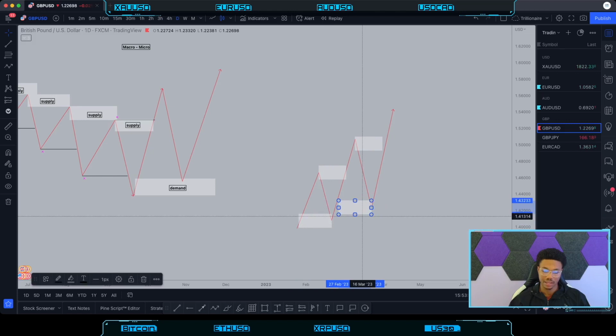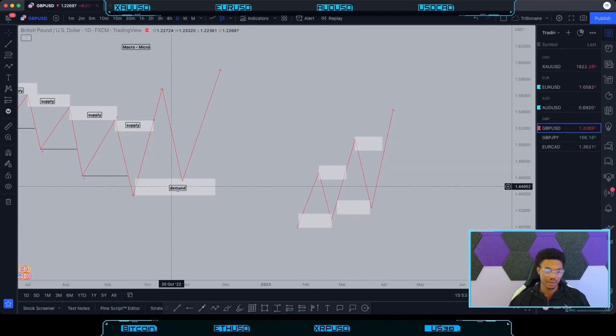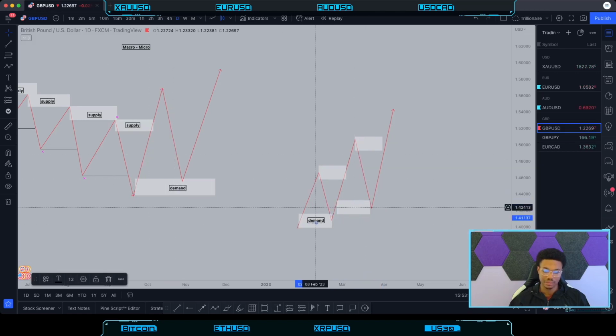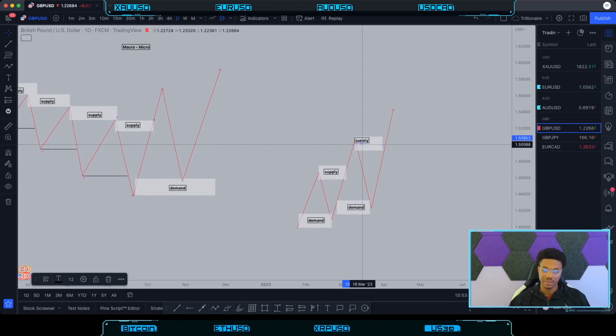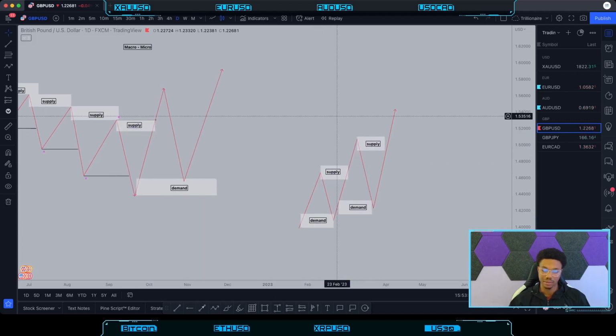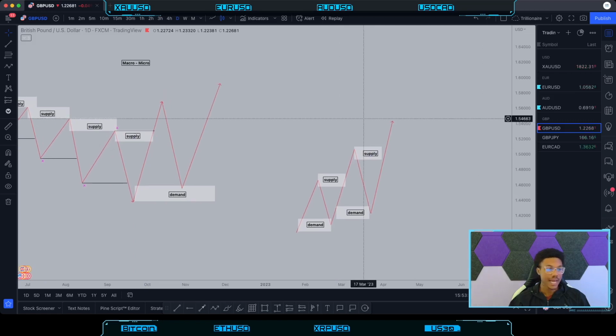Right, now we're not going to label this. Actually, no, let's go ahead and label. So we have demand here, we have supply here, and we have supply here as well. Perfect, right? And then we'll add our breaks of structure as well. Might as well.